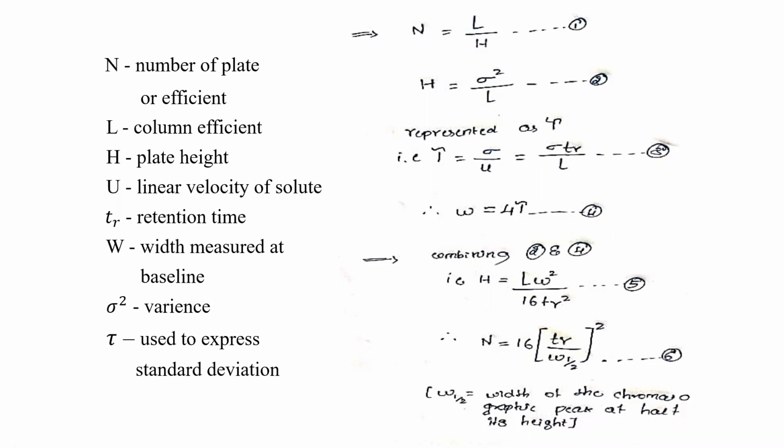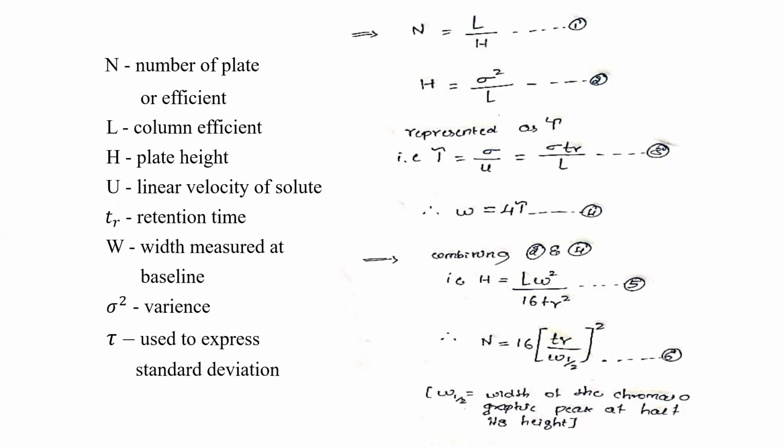Usually, retention time and peak width are measured in seconds or minutes, which is more convenient to express the standard deviation. Therefore, the unit of time is represented as tau.